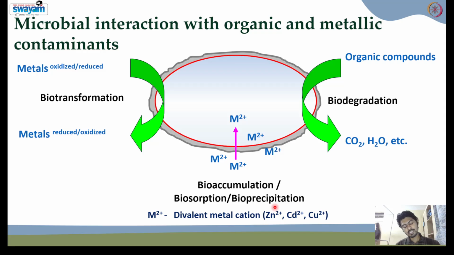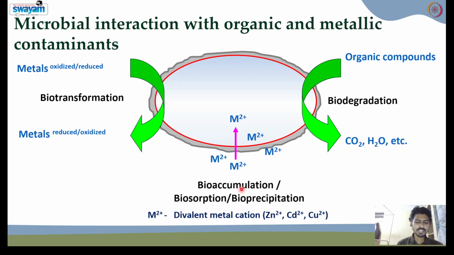So from this slide, we could understand there are various interactions of microbes with the organic pollutants as well as the metals. First we have seen the biodegradation approach, where complete breakdown of the contaminant occurs, whereas in the second strategy, biotransformation, scientists try to transform the metals into another state which is acceptable and within the safe limit.